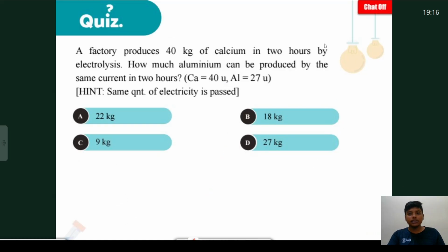Next, try this. Let's see who of you can tell this.